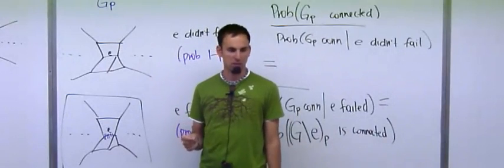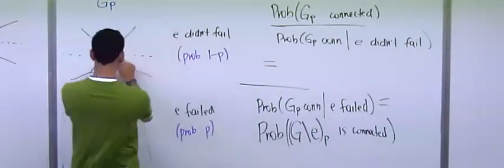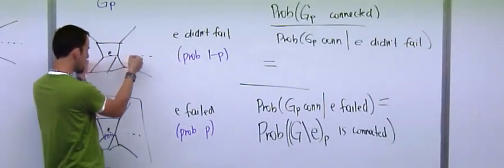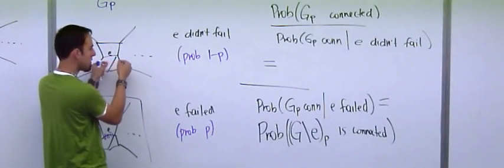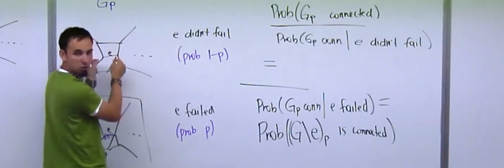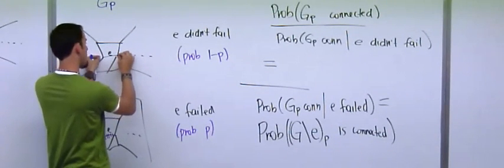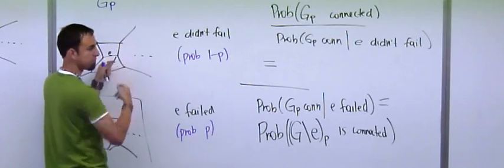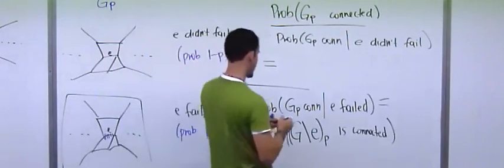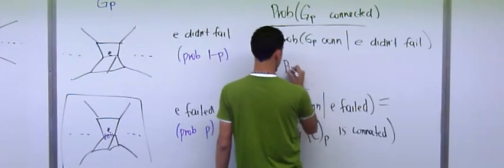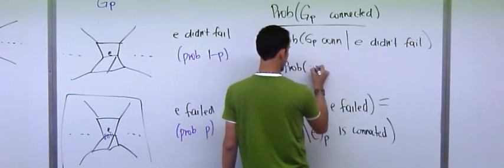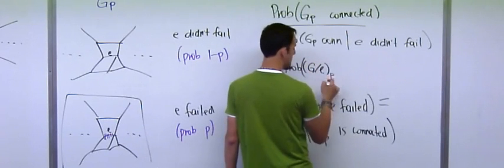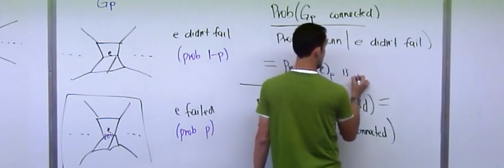It didn't get dropped. And so therefore, these two vertices you can think of as the same vertex because you can always go from one to the other one. So the effect of this edge being there for sure is that you do have this path for sure, and you can just contract and then condition over everything else. So this is just the probability that the contraction, when you delete edges with probability P, is connected.